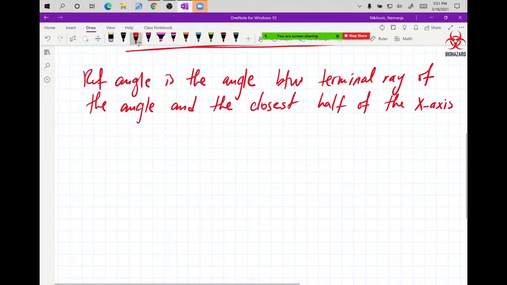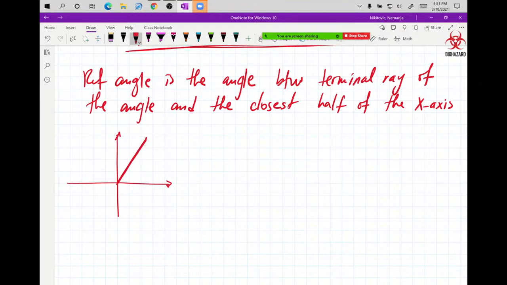Now, that creates clearly four possibilities. If the angle is in the first quadrant, that's your angle theta. The angle theta is equal to the, let's say, reference angle R.